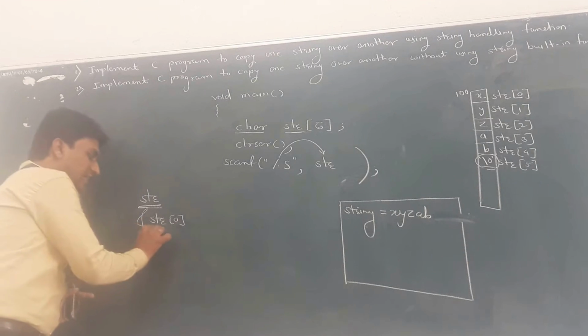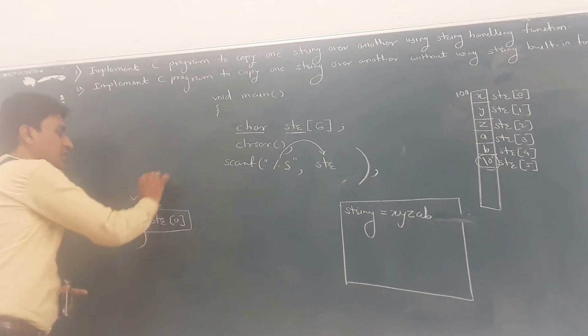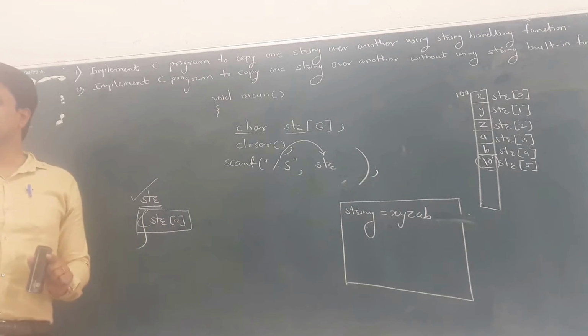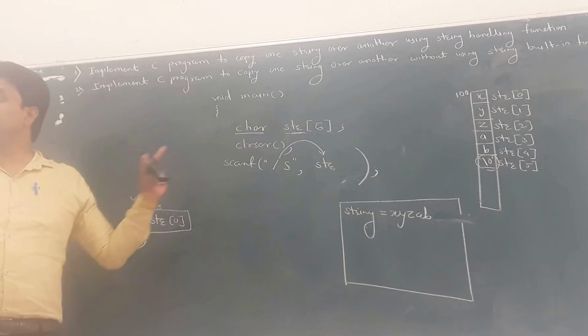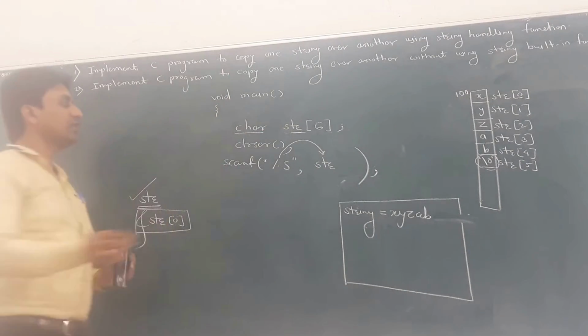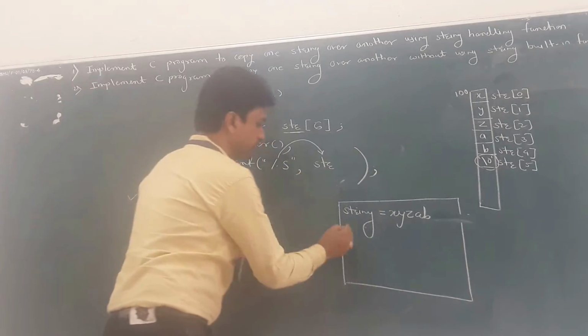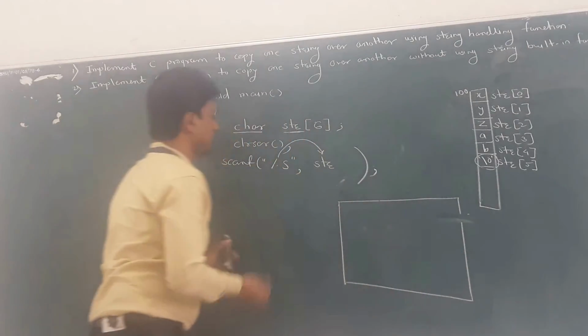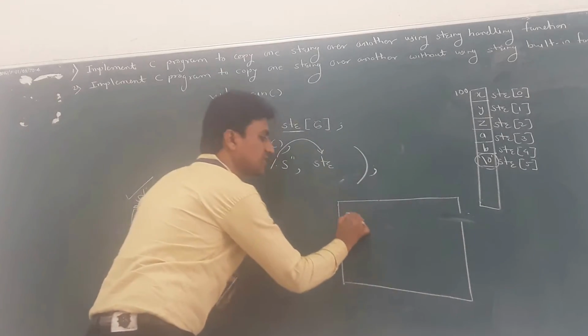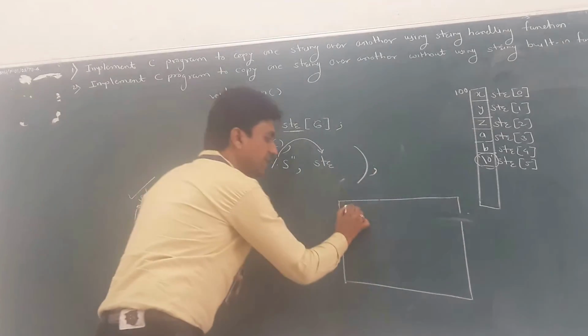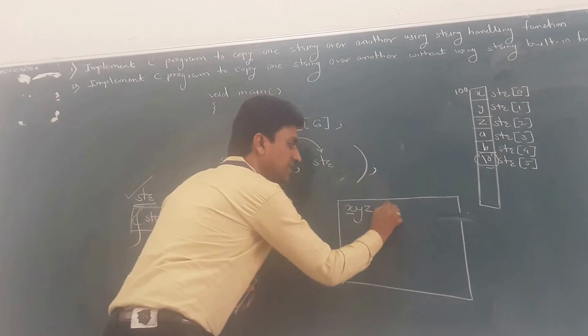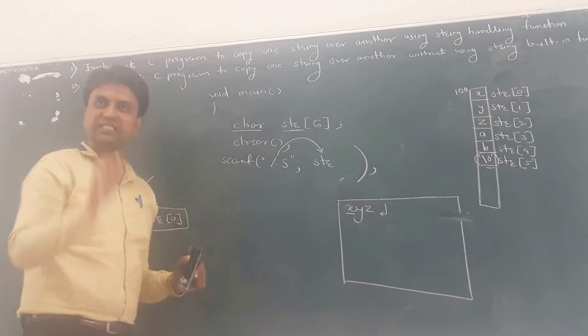So instead of writing this, we have used just str. Just the name of the string gives you the base address of the string. And when you scan the string, on the console for the %s the cursor is blinking and you write the string xyz, then press the enter key.